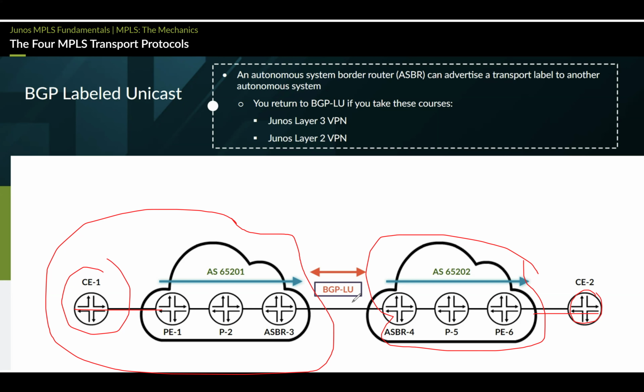When this customer wants to communicate from C1 to C2 through this service provider and this service provider, the customer sends the packet, this is the P router, and the packet gets the MPLS label inserted.